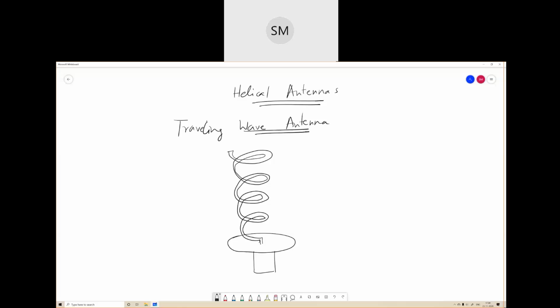So it looks like this. The diameter of this wire is 2a. Obviously a is the radius.